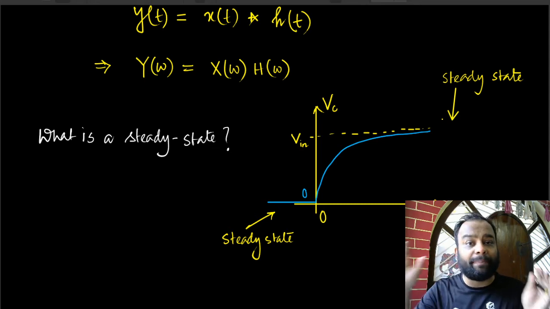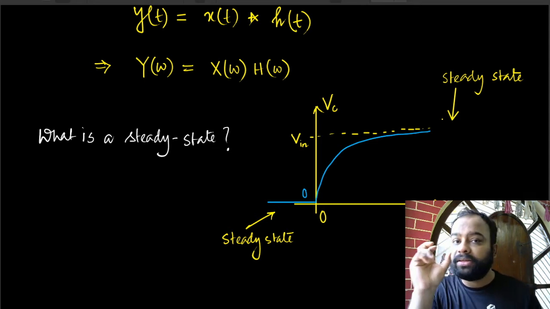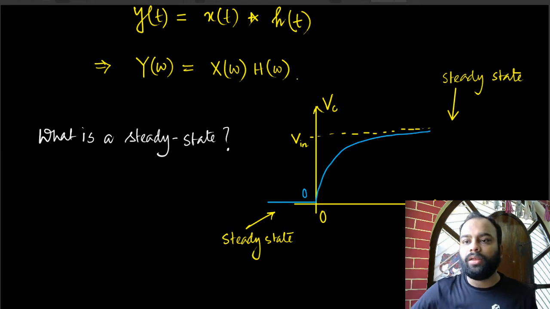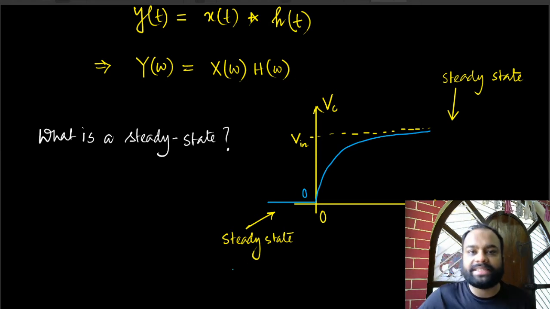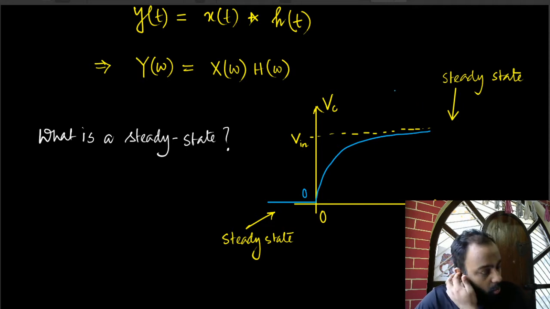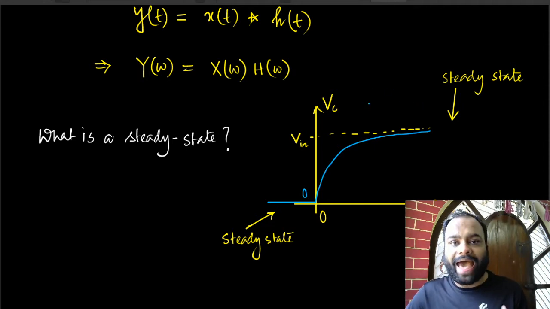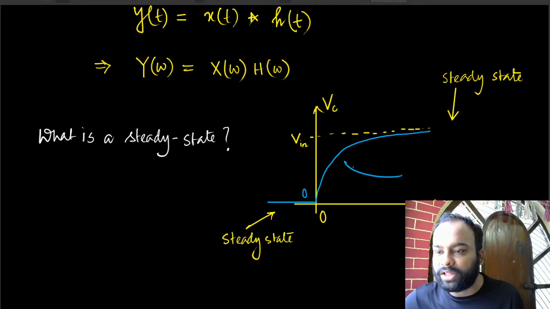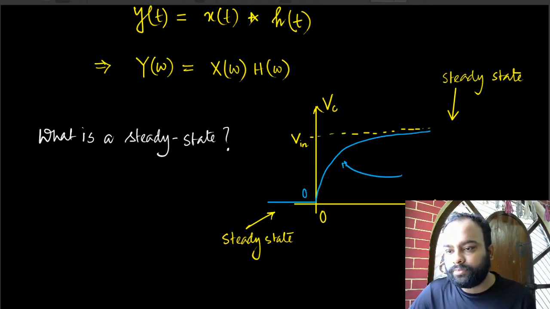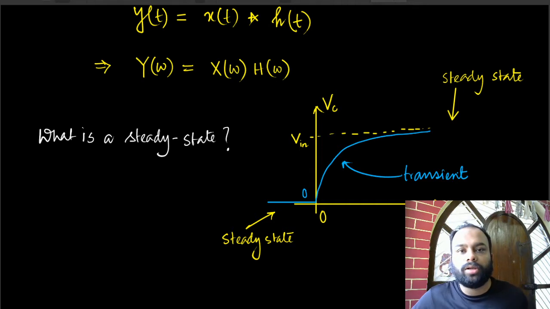But whatever happens in between two successive steady states, so this is one steady state, and from this steady state the circuit reached another steady state, is known as the transient state. So what is a transient?